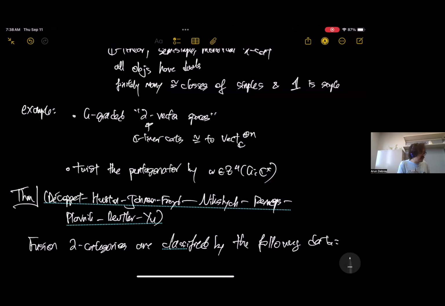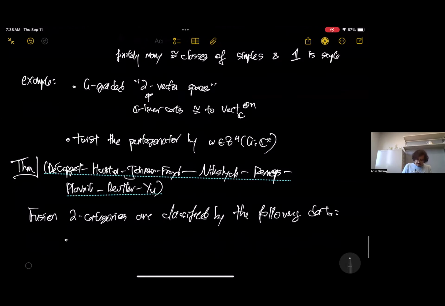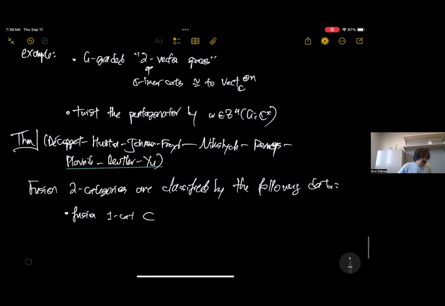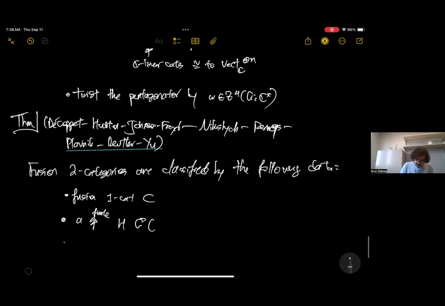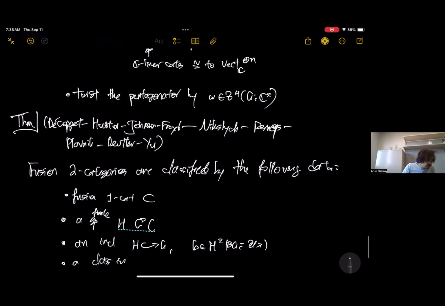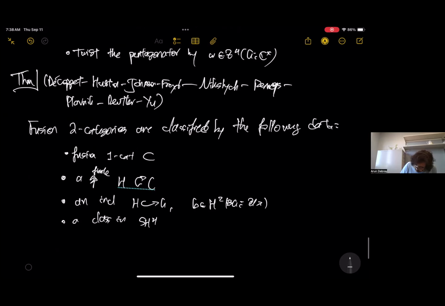So fusion 2 categories are classified by not very much data. So there's a fusion 1 category, which I'm not going to say much more about, a finite group H acting on C, an inclusion H into G of finite groups, and a class B in H2 of BG, Z2, and a class in the twisted supercohomology of G.